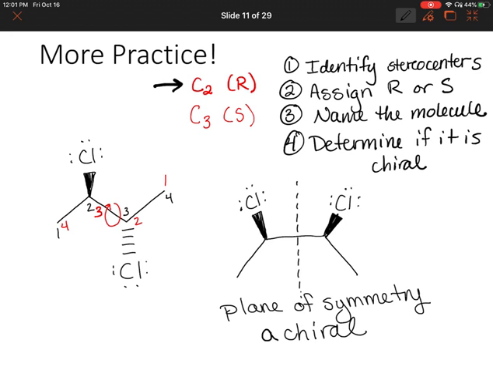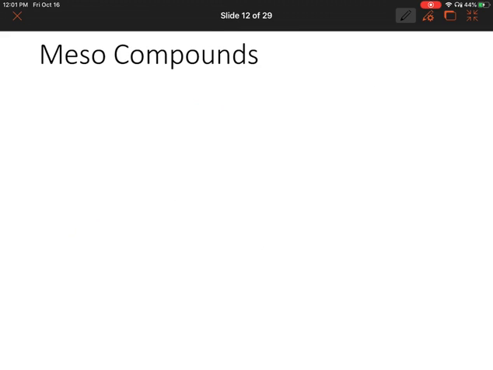All right, so hopefully this helped you understand how to assign R and S. We also got some practice with naming, and a little bit of practice with determining whether a molecule is chiral or achiral. Now, the molecule that we just drew is actually called a meso compound.